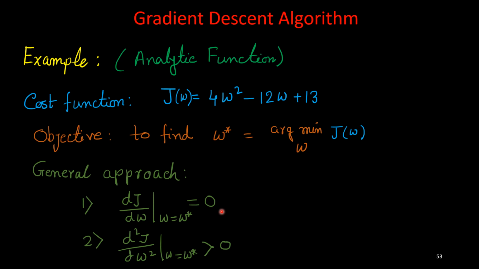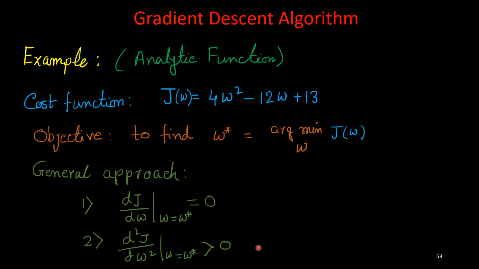That is the meaning of the first equation. And the second order derivative at that point, w equal to w star, should be positive. Then only we'll get the minimum value of this cost function. If it is opposite, if it is negative, less than 0, then at that point you will get the maximum value.